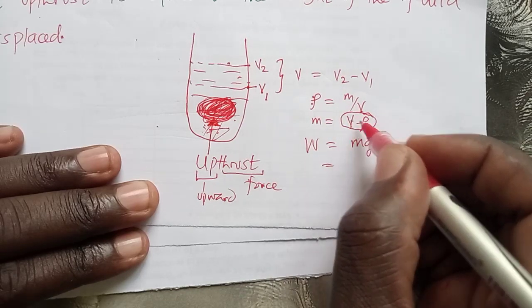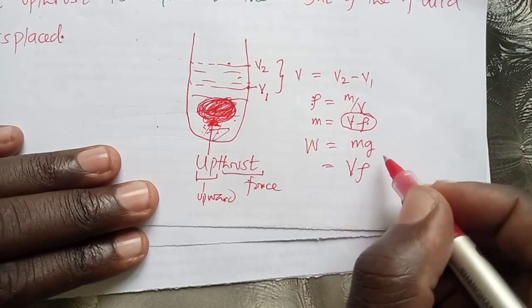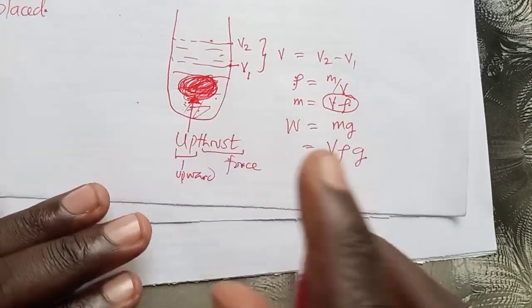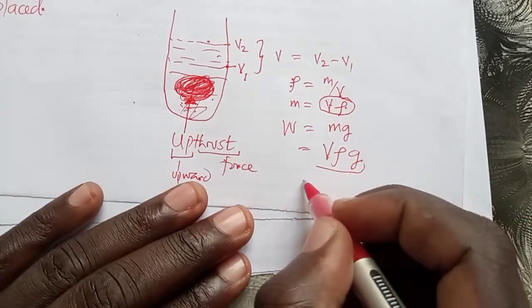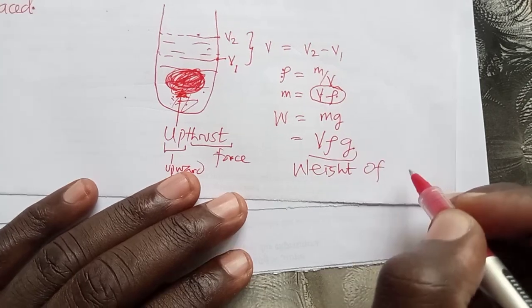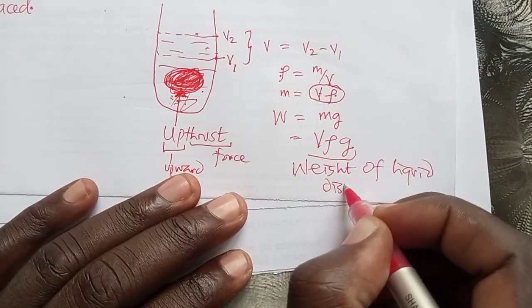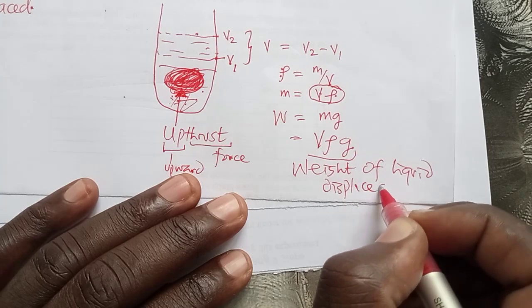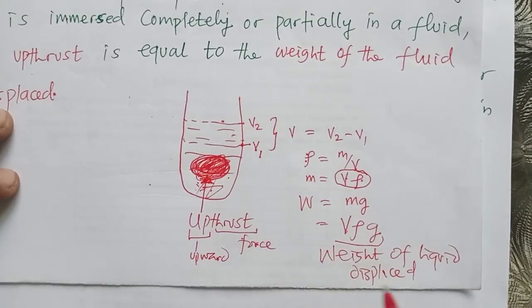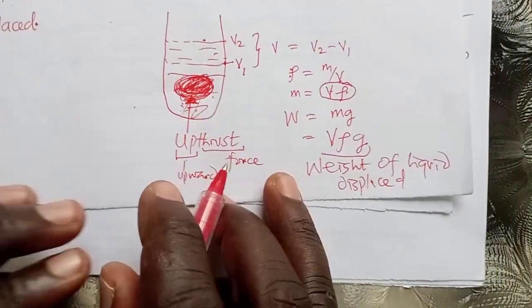So if you put V rho for mass here, it becomes V rho g. So this is the weight of the liquid displaced. According to Archimedes' principle, this weight of liquid displaced is equal to the upthrust.